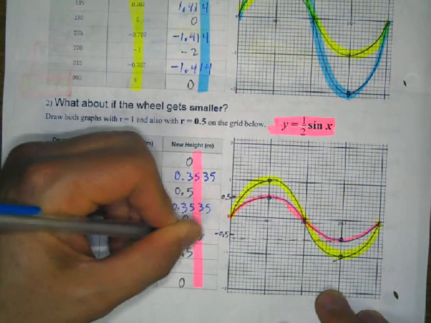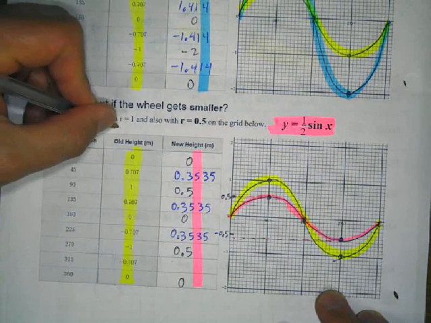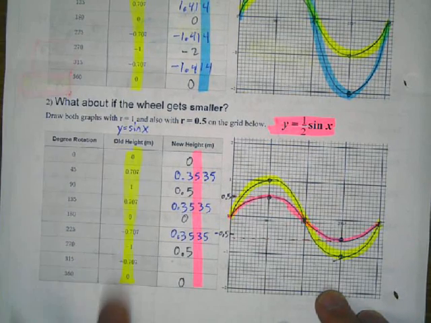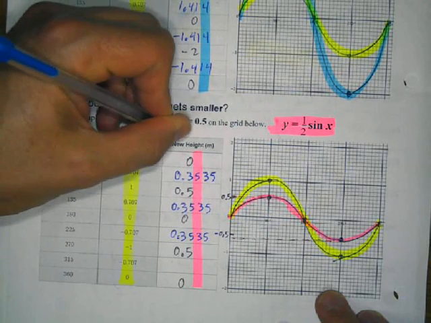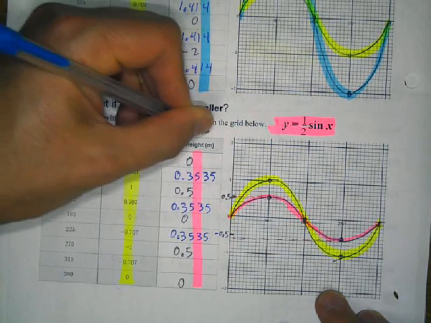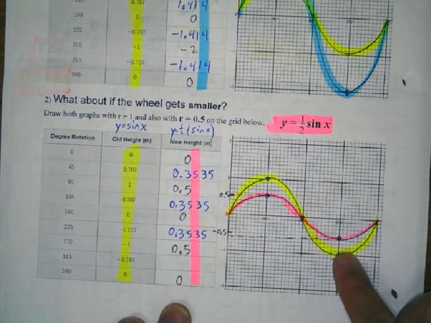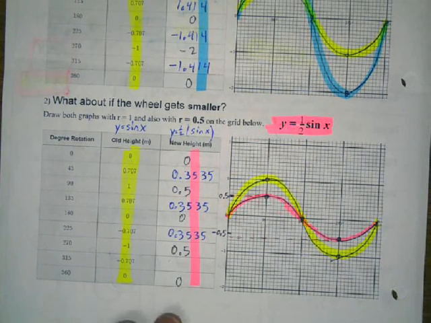So basically I've taken all the values of y equals sine x and multiplied everything times 1/2. That makes the height half as high as the yellow graph. You might want to hit pause and copy this down or check your work.